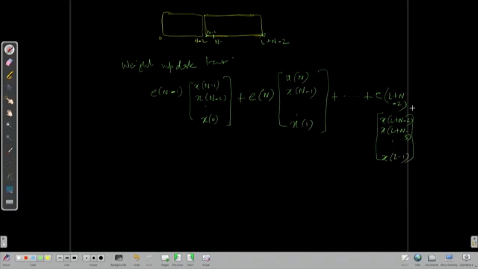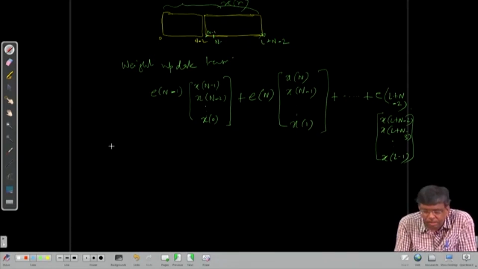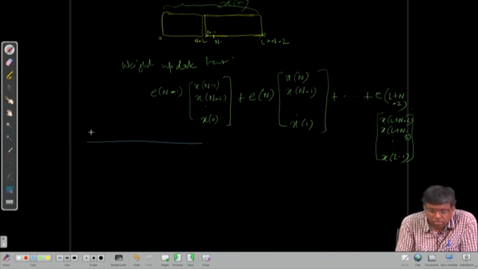This is the computation I also want to do by this DFT using circular convolution and all. That is what I was doing there. Suppose I have got this data x n. This is my x n.